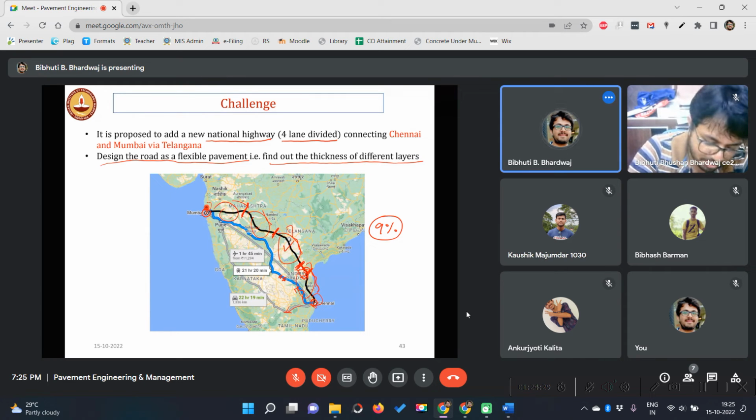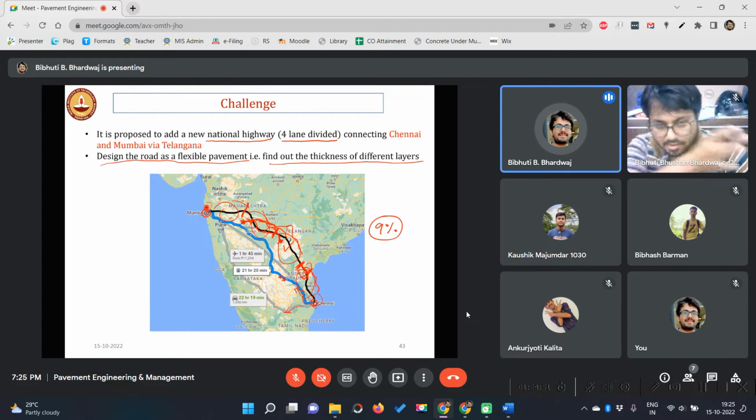Diverted traffic means suppose there are some roads here from one place to another, and vehicles are going from this place to this place. But once this road is constructed, they will simply divert their route through this. This type of diverted traffic you also need to consider.